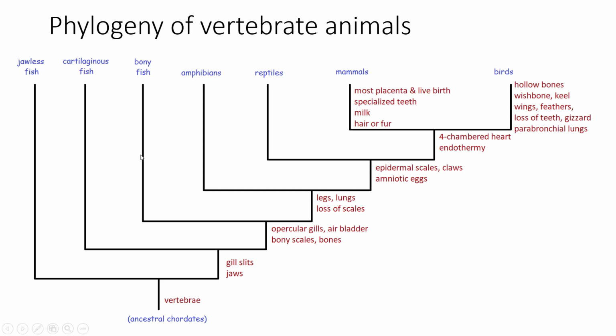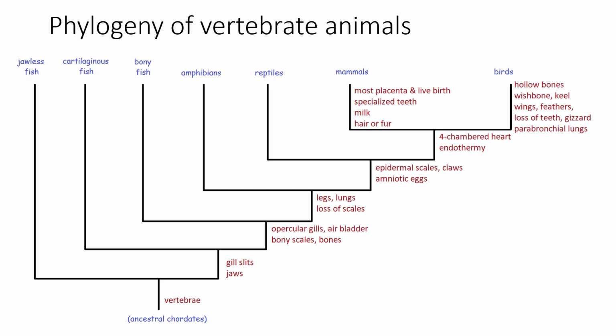To give you a comparison, there's maybe a dozen or so species of jawless fish, a few hundred cartilaginous fish, 5,000-6,000 species of amphibians and reptiles and mammals, maybe 8,000, 9,000 species of birds. There's over 50,000 species of bony fish. So it's a huge class, obviously a very good design for bodies in water.